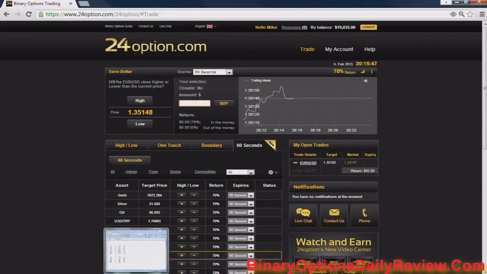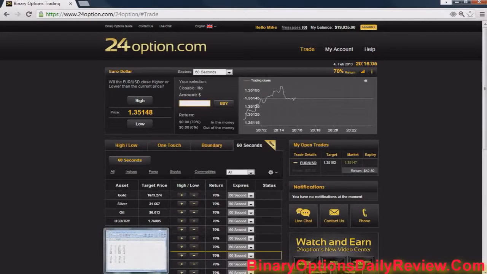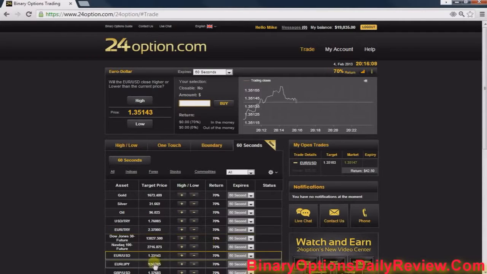So that's $25 that we invested, $42.50 was our return, so a profit of about $17.50, which is higher than other platforms. But remember, with this technique, you need to have a higher initial deposit in order for this to work.